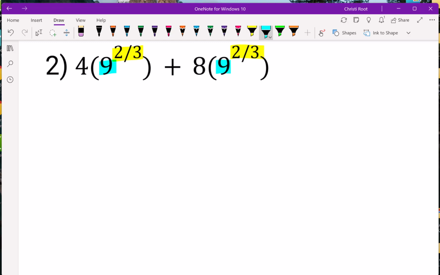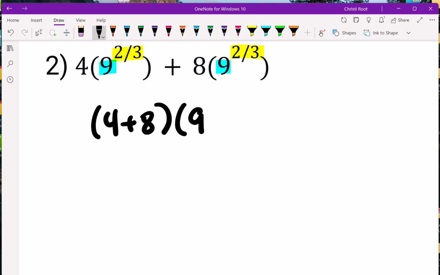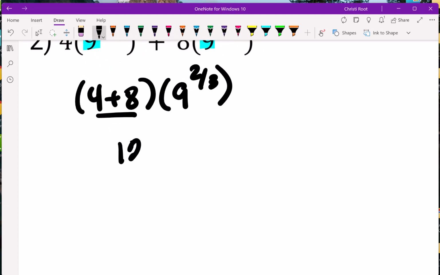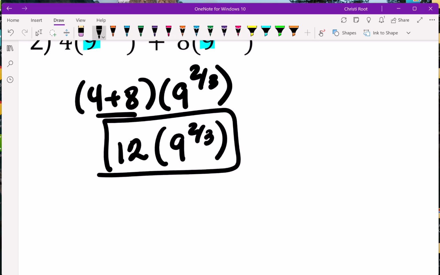So as long as those are the same, then I can go ahead and add the 4 and the 8 together. So I'm going to write 4 plus 8, and I'm going to have that many 9 to the 2/3. That part you can do in your head, but I just like writing it in your notes. So 4 plus 8 is going to be 12, 9 to the 2/3. And all done. I know that looks weird, but that's it.